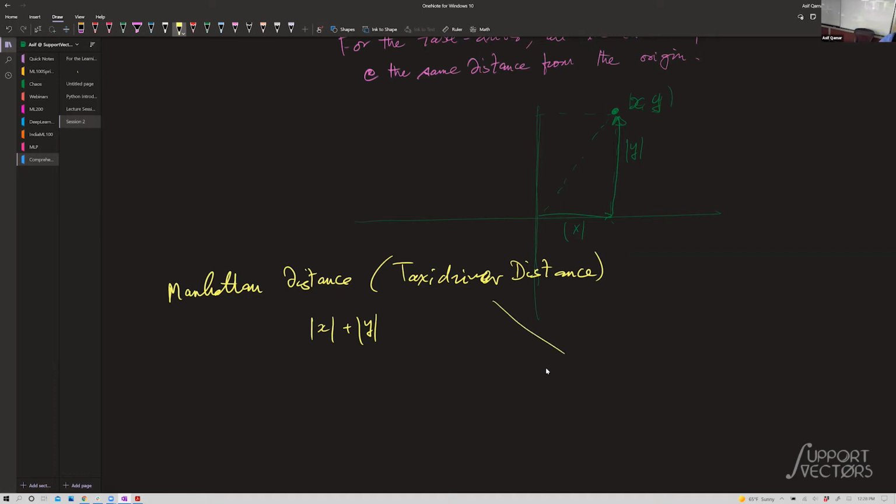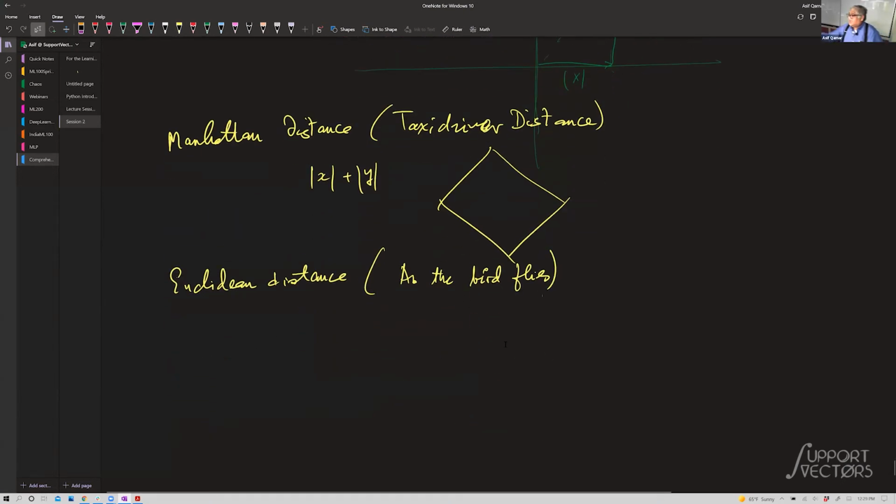And it is basically, just to summarize, is this: for Euclidean distance, which is the distance that we all are familiar with, distance, right, as the bird flies, right? Then what happens? As the bird flies, it is a circle from the origin.